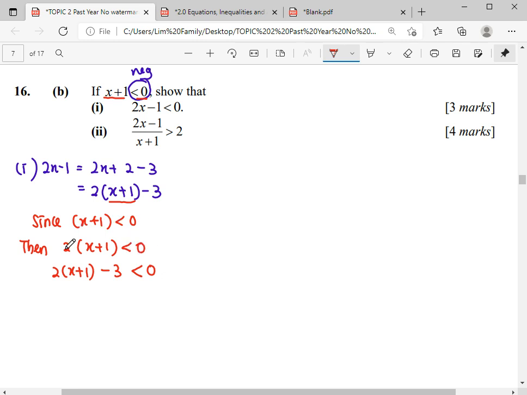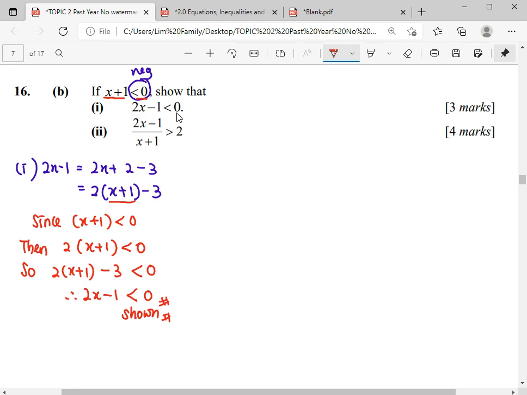And when this part is less than 0 and it goes to minus some more, it becomes even more negative. So it shows that it will always be less than 0. Therefore, we managed to show that 2x minus 1 is less than 0. Shown. So that will be our part 1.